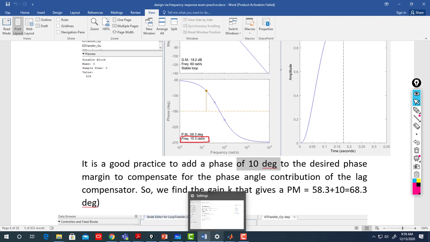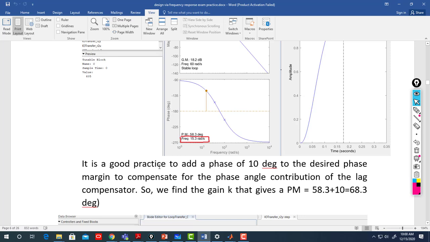Because you remember, when you add a lag compensator, you have a lag in phase, so to compensate for this phase lag. Later on when I add the lag compensator, I then have some safety margin, so I end up having a phase margin of 58.